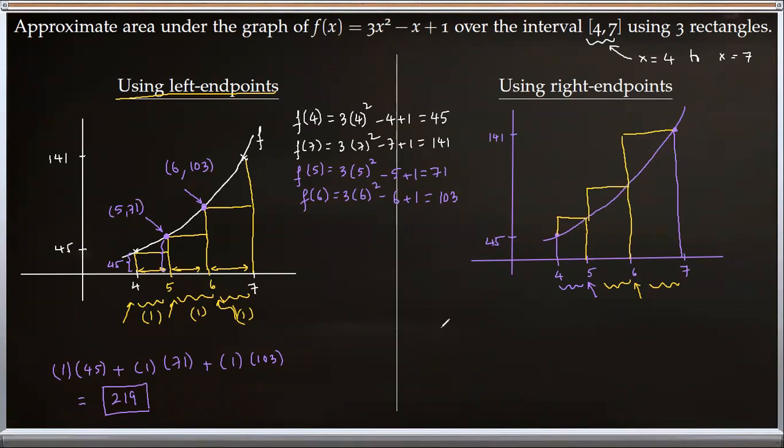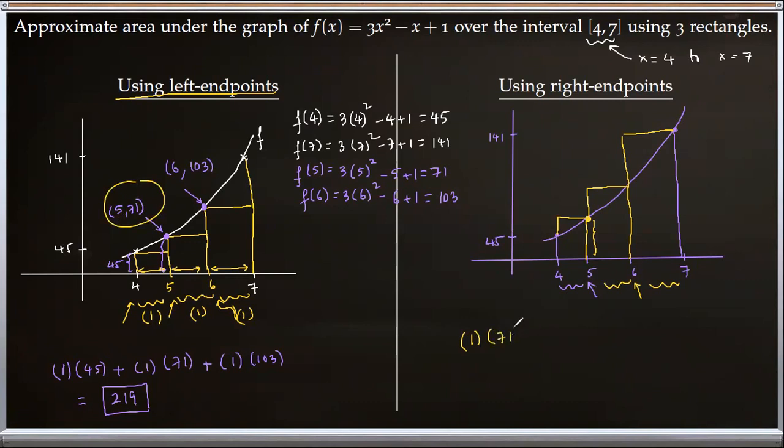So to approximate the area under the curve, we just need to calculate area of these 3 rectangles. For the first rectangle, width definitely is 1. The height would be this length, which is the y value at 5, and we already found that over here.